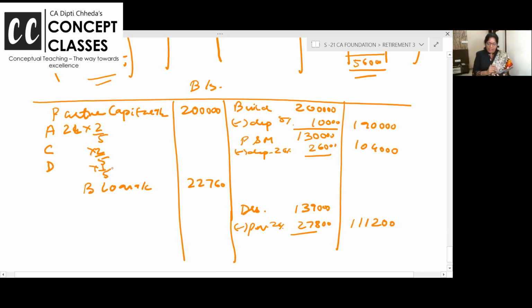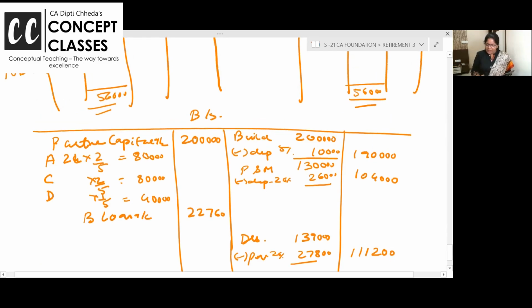They want closing capital 2 lakh in their PSR. 80,000, 80,000, 40,000. क्या clear है सबको? They want closing capital to be 2 lakh and 80, 80, 40 this ratio.